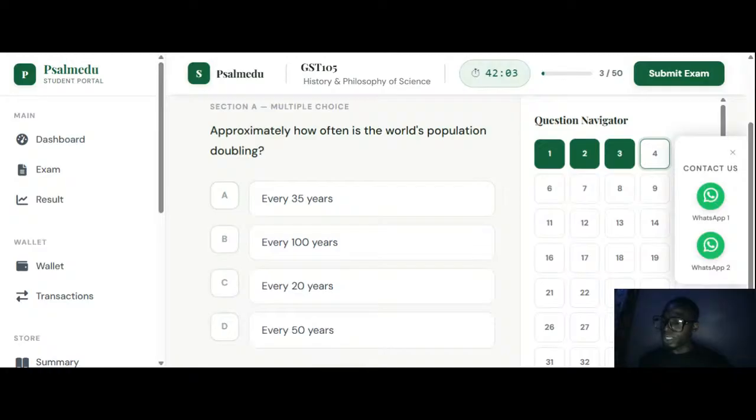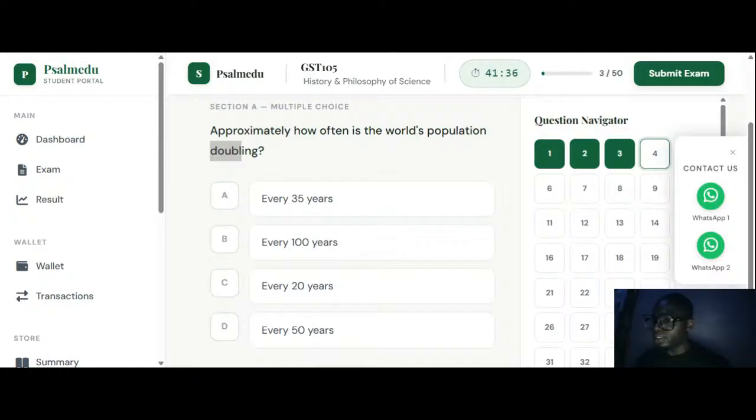Thank you, you guys are following. If you start counting from now, in how many years will the current population of the world have doubled?